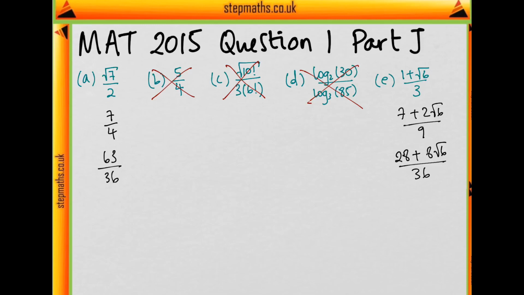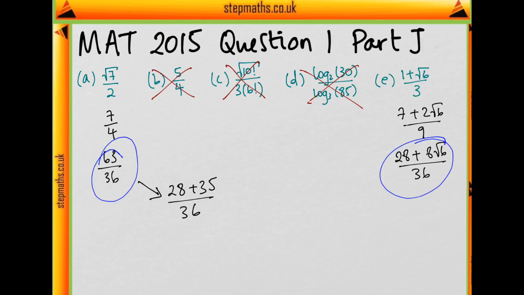Okay, so now let's compare these two. This is the same as 28 plus 35 over 36. And so what we need to know is whether 35 is smaller or bigger than 8 root 6.